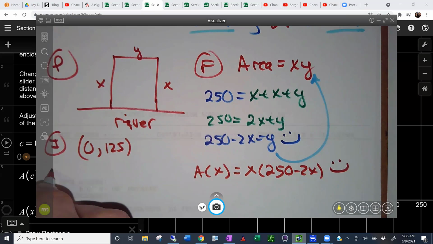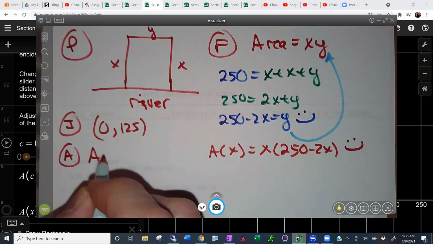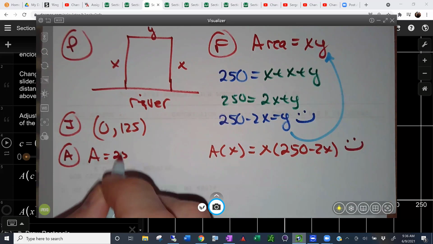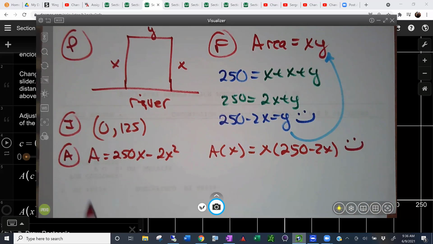That brings us to the analysis. The analysis isn't too bad because we've got another quadratic polynomial, 250x minus 2x squared. If I differentiate that, A prime of x is going to be 250 minus 4x.